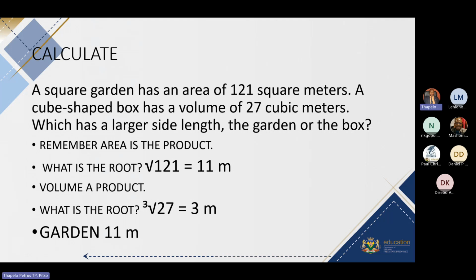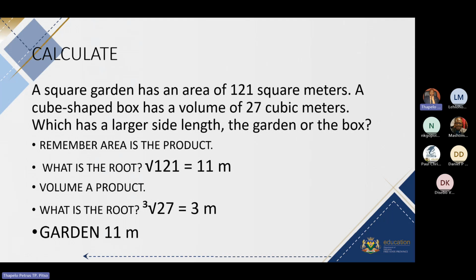We want to check which one is longer. Remember, your area is a product. And what is the root? What is the foundation of it? It's 11 meters. Now we know it already. Now let's check in terms of 27. What is a volume?